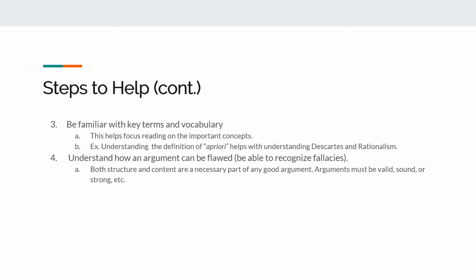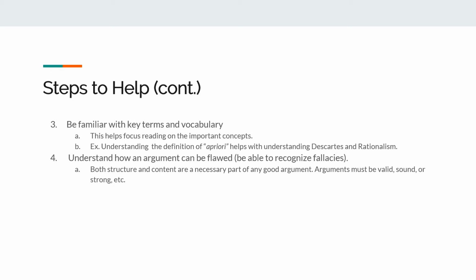For instance, I might think about using the word justice, and the word justice may mean something differently to a philosopher who's writing about justice than if we were to just in passing talk about what's just and what's not just. And so understanding key vocabulary terms, important terms that are used within the piece of writing, are going to be very important to, again, understand and clarify what is actually being written.